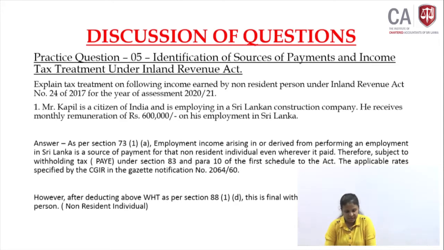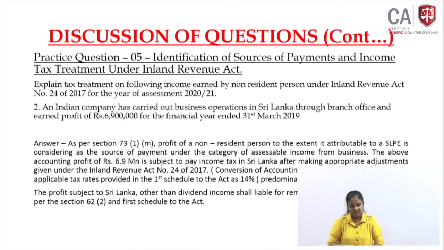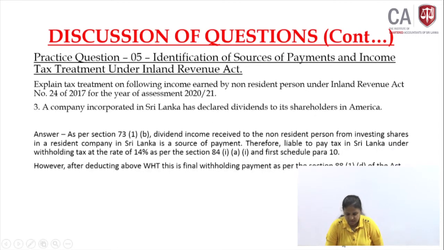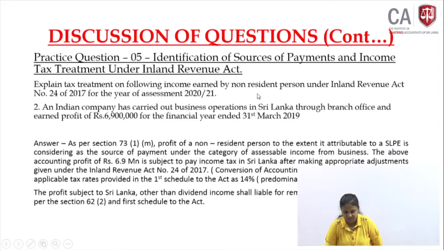Okay. Then the next question, the second one. An Indian company has carried out business operations in Sri Lanka through a branch office and earned a profit of rupees 6.9 million for the financial year ended 31st March 2021.